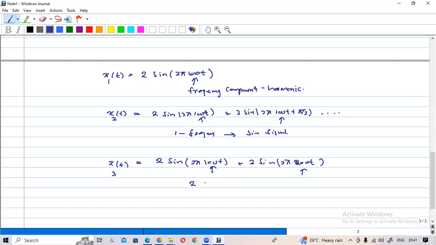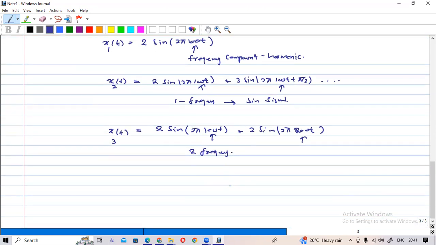So this will not be a sinusoidal signal because there are two frequency components. This one is a sinusoidal signal, and this one also is a sinusoidal signal. We have seen this in MATLAB.